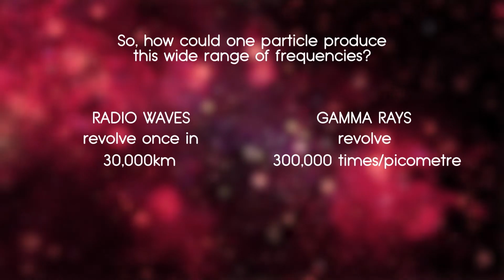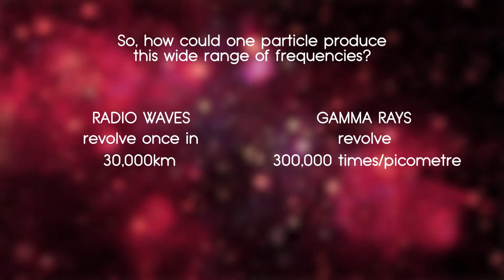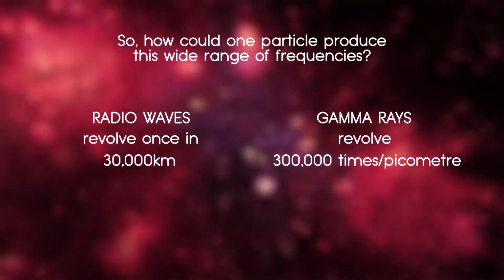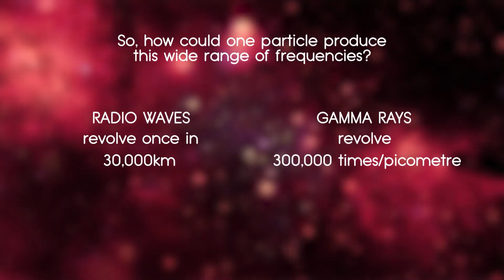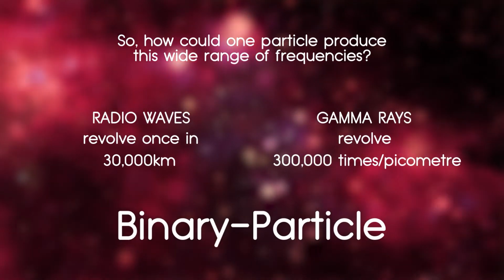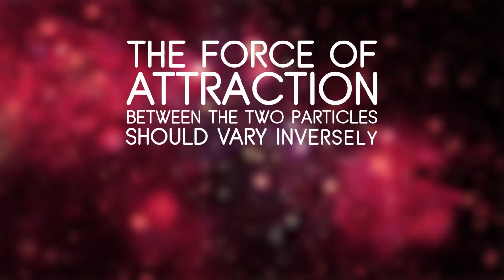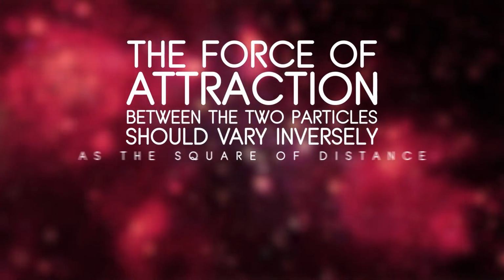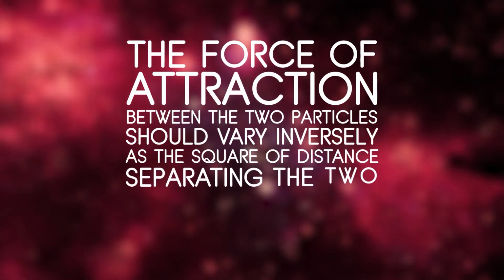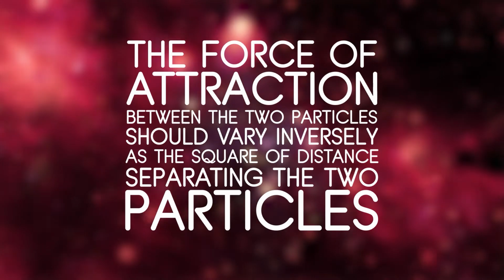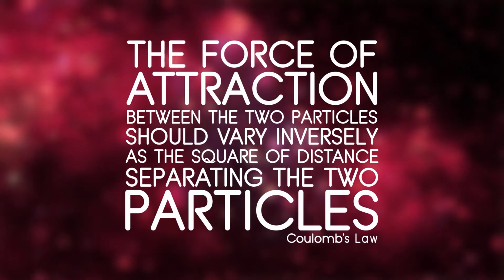If the photon comprised a negatively charged electron and a positively charged positron, it becomes the newly christened binary particle. The force of attraction between the two particles should vary inversely as the square of the distance separating them. This should be in accordance with Coulomb's law.